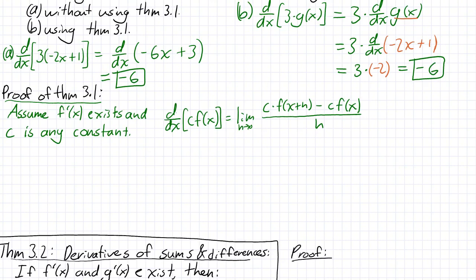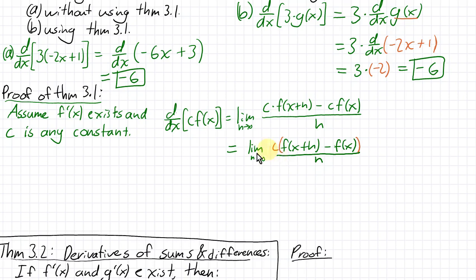So what we can do is start by factoring out the c from the top, like so. There was a fact from one of the limit laws before that said if you have a constant multiplied by another function and you take the limit of that, then that's the same as the constant times that limit.